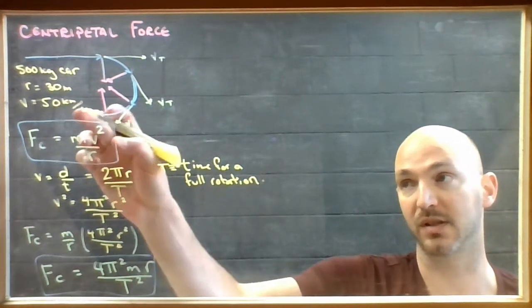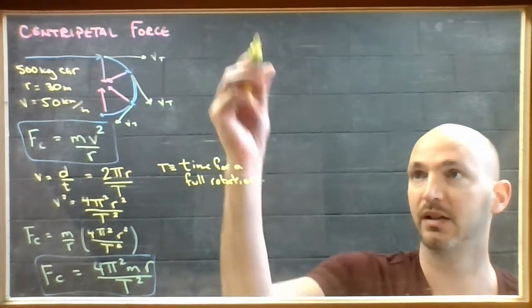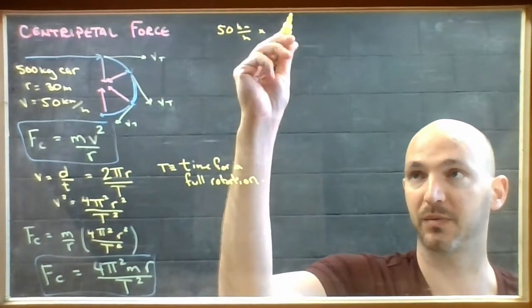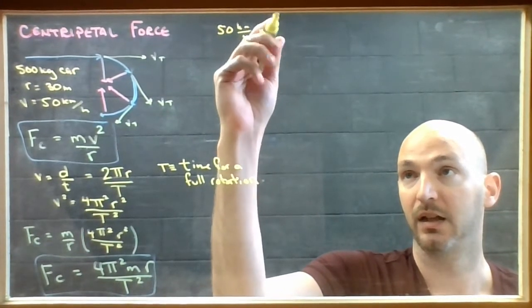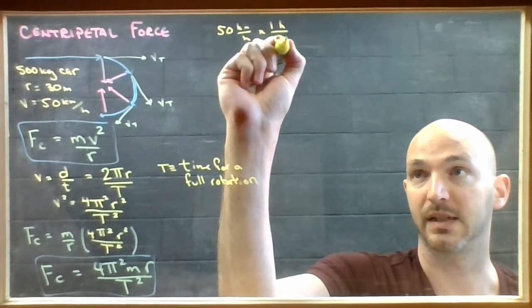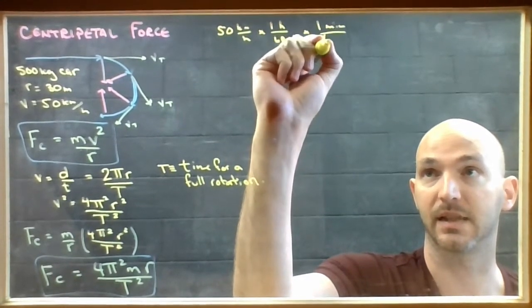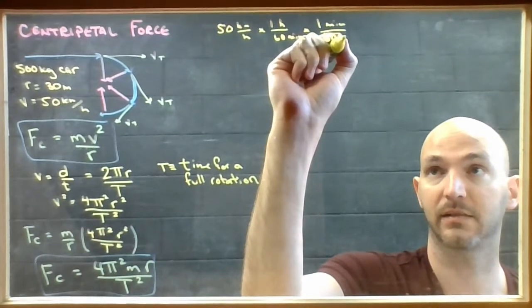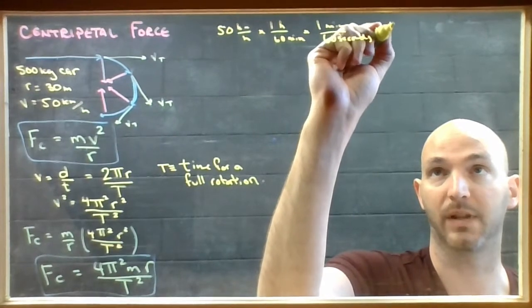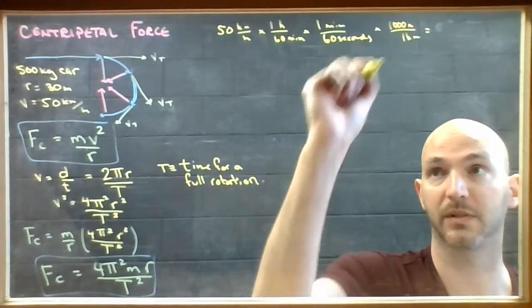As always, your speeds need to be in meters per second, so I'm going to have to do some conversion factors here. 50 kilometers per hour multiplied by, let's see, 1 hour is 60 minutes, and then 1 minute is 60 seconds, and there are 1,000 meters in 1 kilometer.